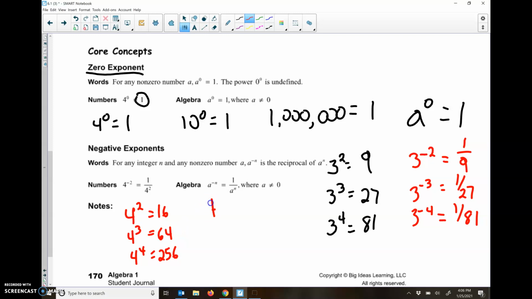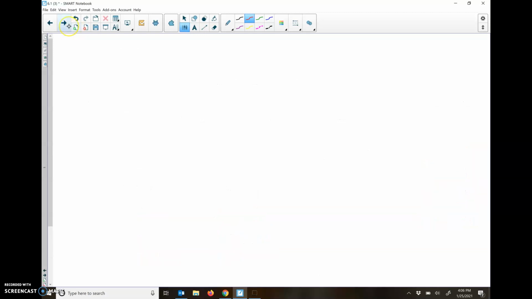So 4 to the negative second is 1 over 16. 4 to the negative third is 1 over 64. And 4 to the negative fourth is 1 over 256.